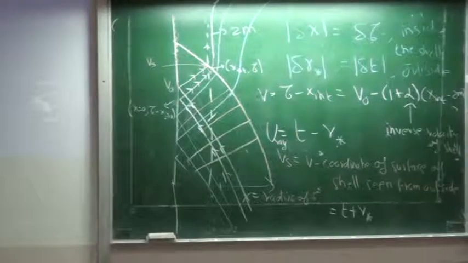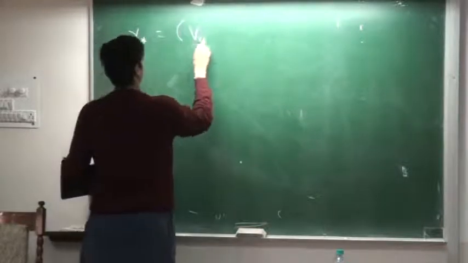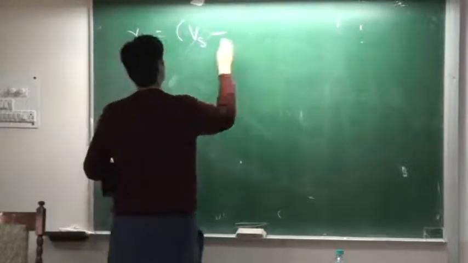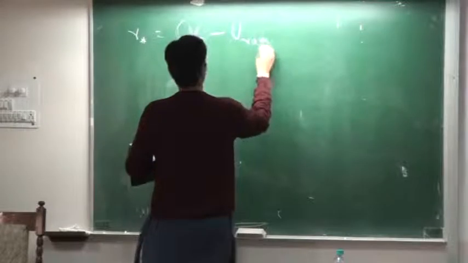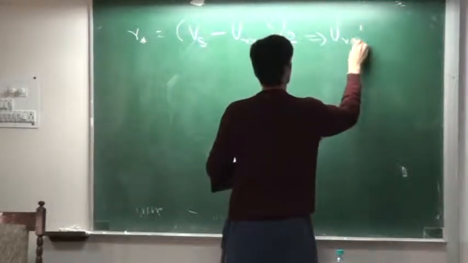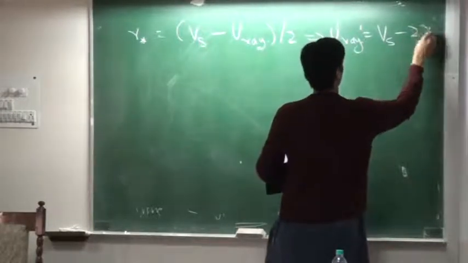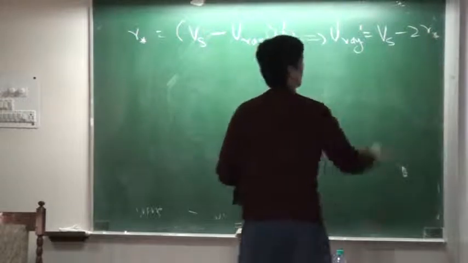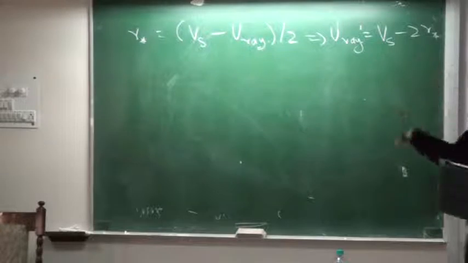So I'm just going to spend 5 minutes on this and then maybe we'll stop. Coordinate of the shell is seen from afar, okay, when it's crossing the horizon.